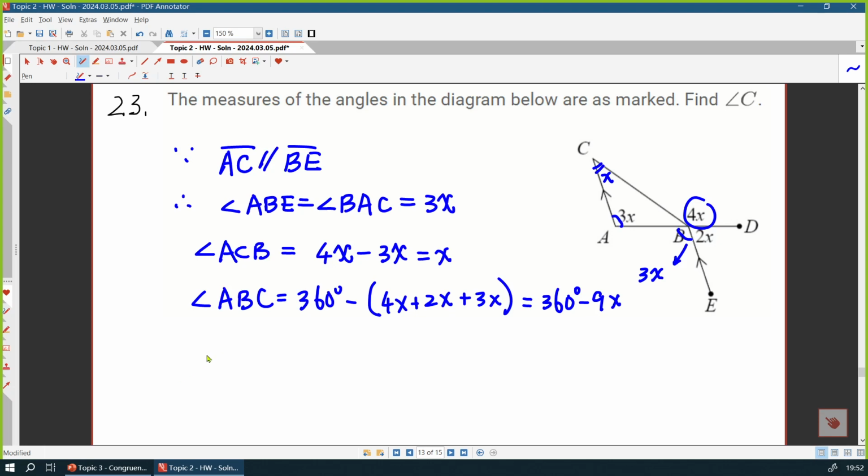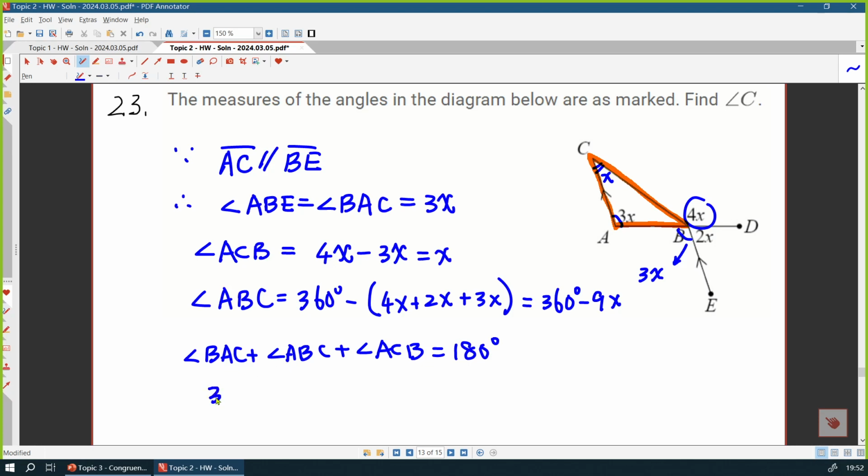And then we know in this triangle here, triangle ABC, the sum of the three interior angles should equal 180 degrees. So angle BAC plus angle ABC plus angle ACB equals 180 degrees.